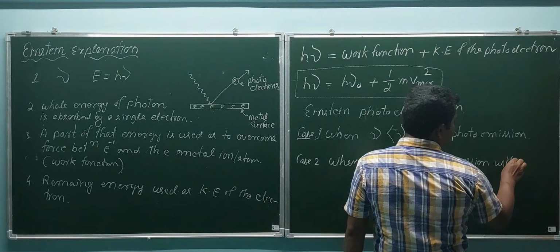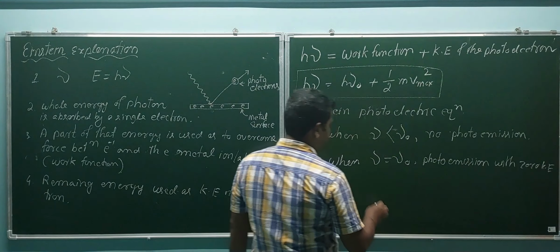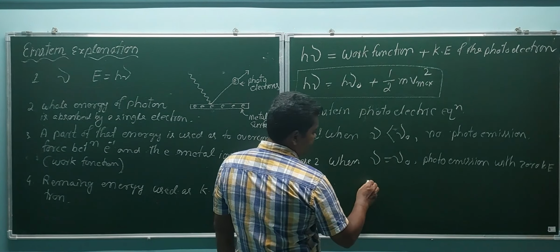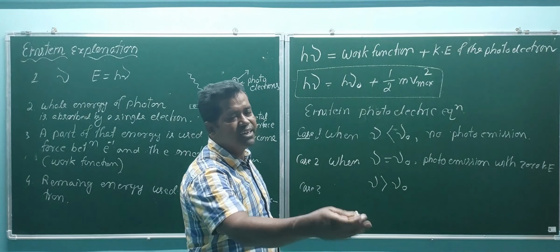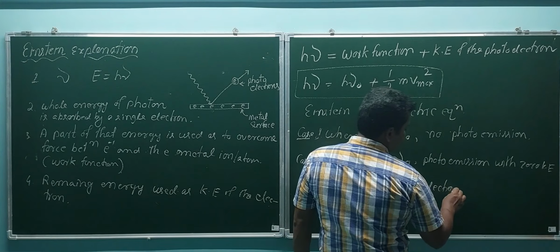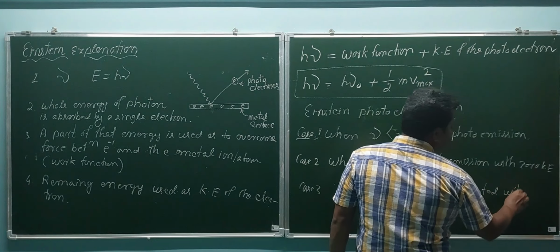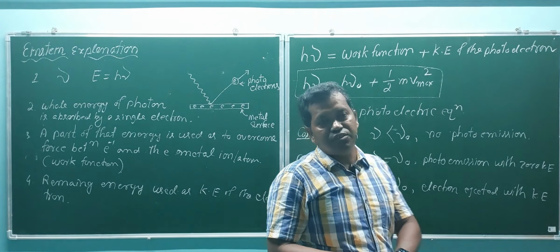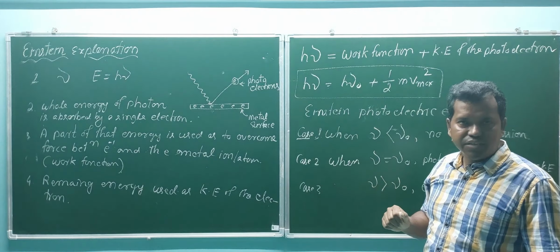And case 3: when nu is greater than nu naught, electrons are ejected with kinetic energy. So this is all about the photoelectric effect.